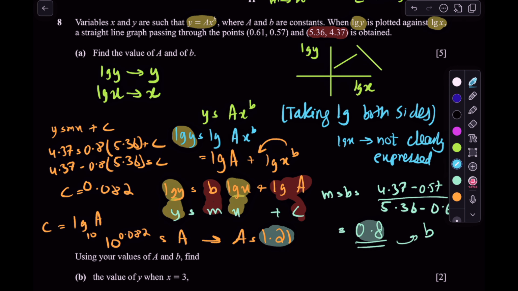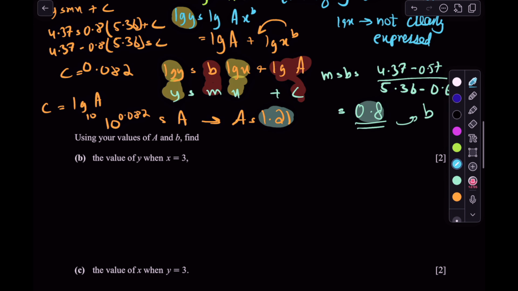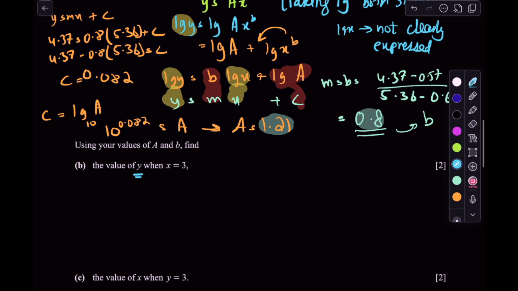Voila. So let's continue. Using your values of a and b, find the value of y when x is equal to 3. So let's just use the equation lg y equals lg a plus lg x to the power of b.